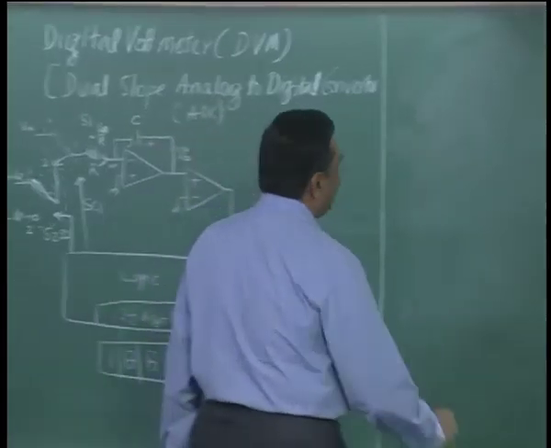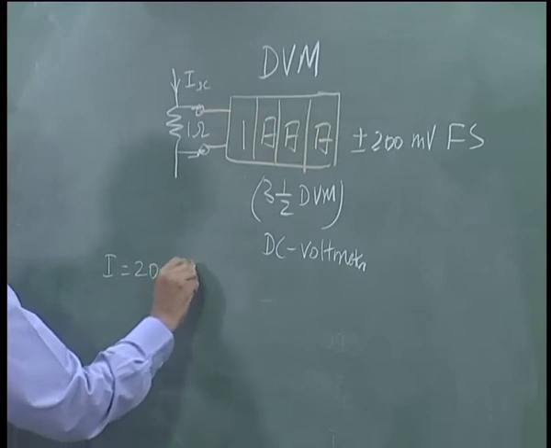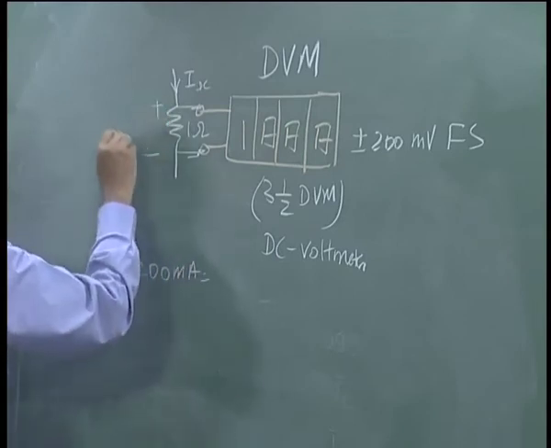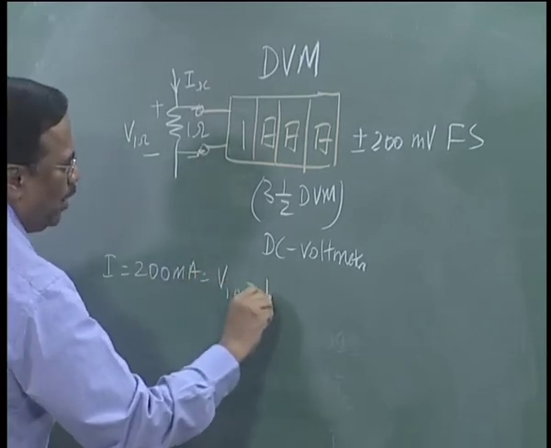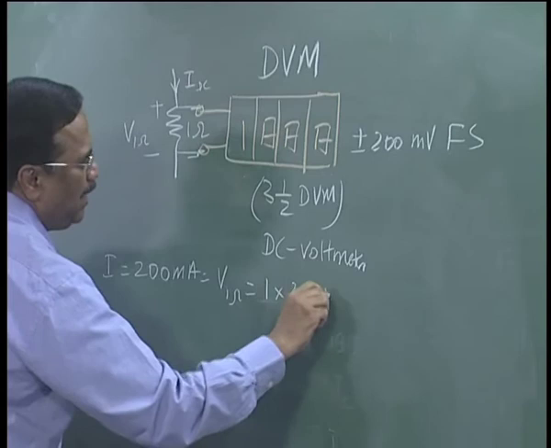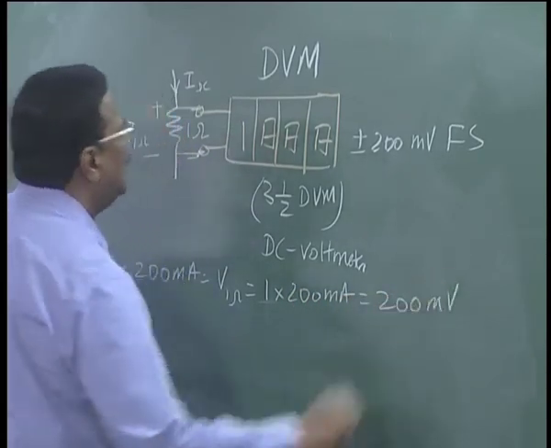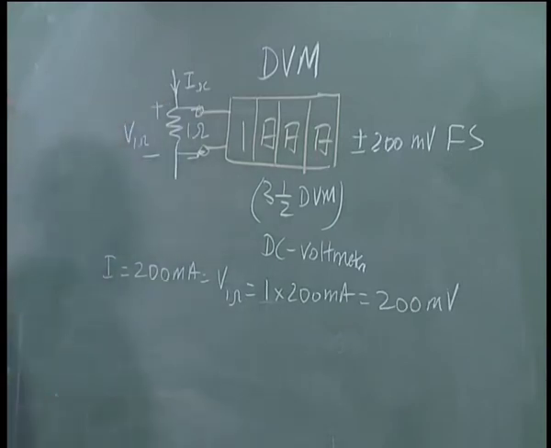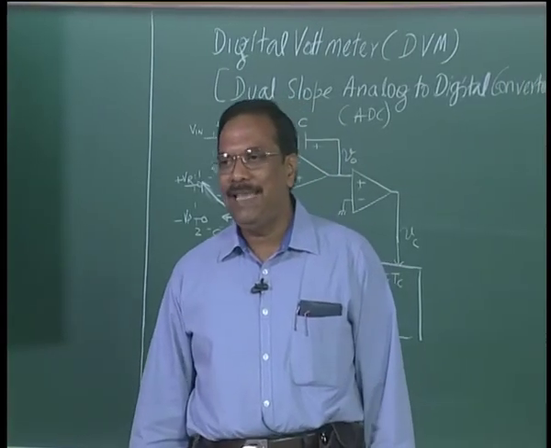So when I is equal to 200 milliampere, then the voltage drop across the 1 ohm will be 1 into 200 milliampere, that would be 200 millivolts. So by simply connecting a 1 ohm resistor across the digital voltmeter, I have converted it to read plus or minus 200 milliampere current.